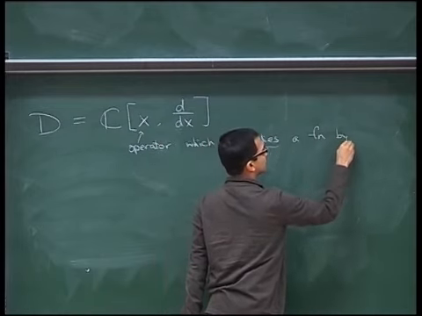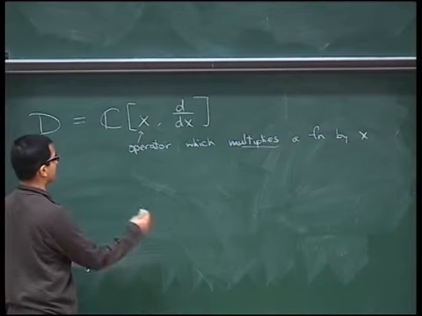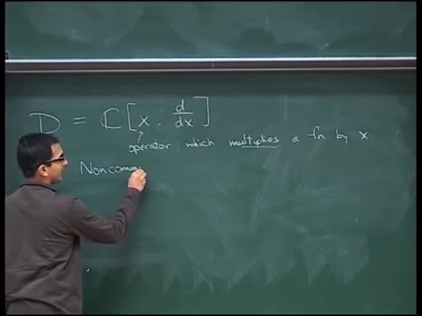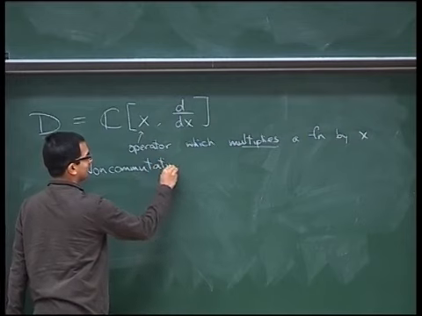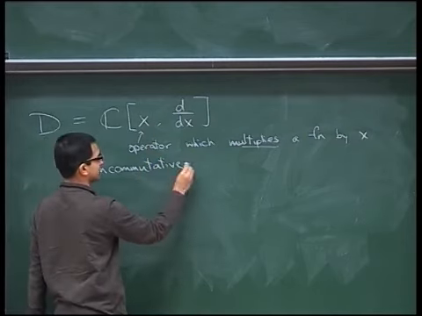So of course, multiplying by x and taking the derivative don't commute. So this is non-commutative, and it's easy to work out what the commutator of these is.